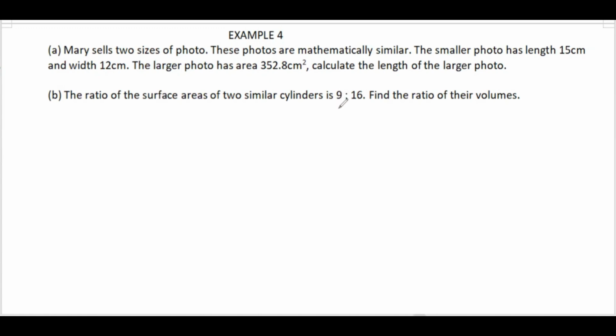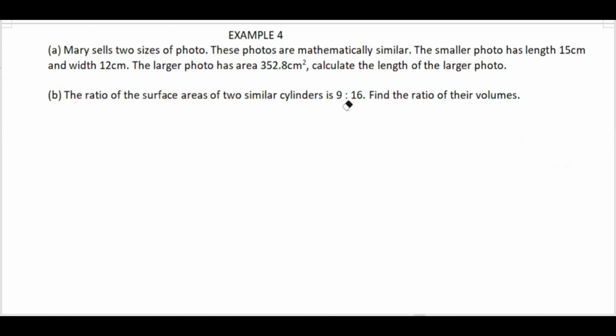And of course, this 9 was not the original value of the area, that's the surface area of the cylinder. Because this is a ratio, it must have been simplified to the least form. Maybe the original value was 90 and the second one was 160. If you have expressed it in the least form, that means we have removed a factor of 10 from each of them to give this. That means we don't even know the original value in the first place.